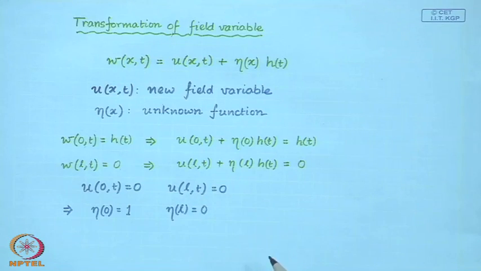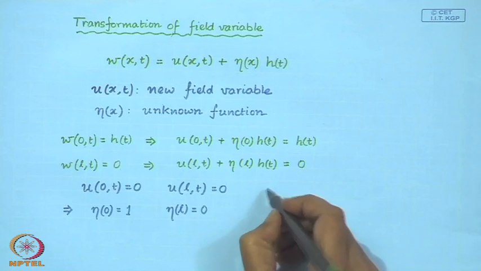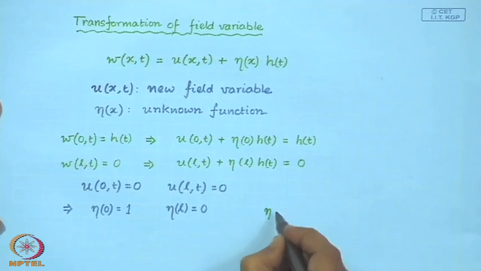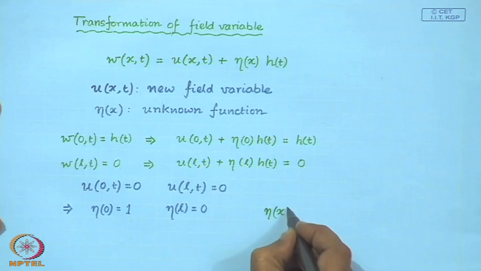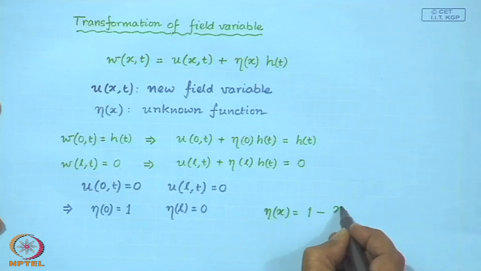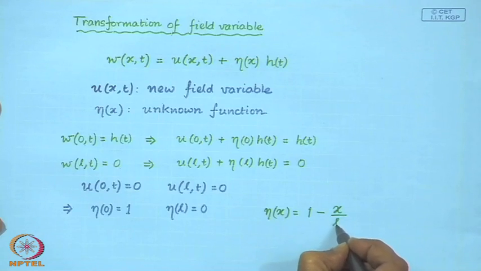Now, there can be different choices for eta which satisfy these conditions. The simplest choice would be this.